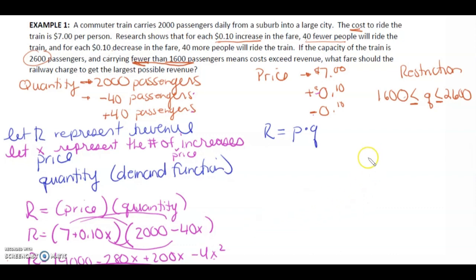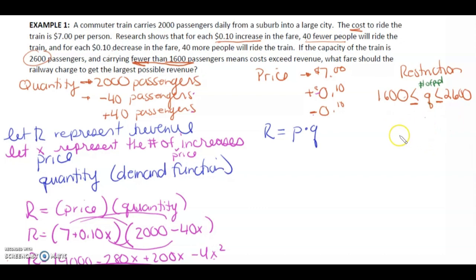So what we want to do now is convert the domain from quantity, or the number of people, to actual price increases, because we have an equation with respect to x. So instead of quantity in here, we need to write the domain that x is between 2 numbers.